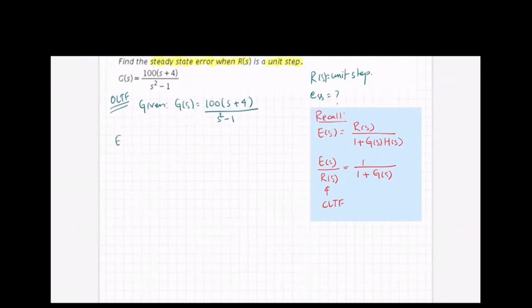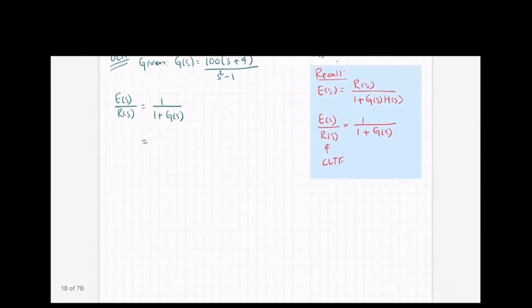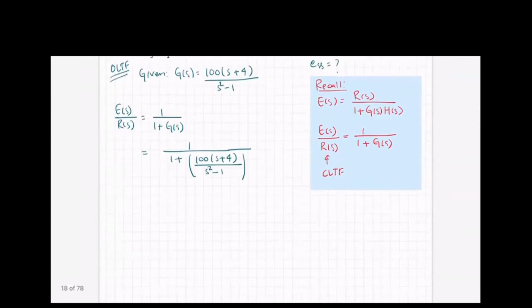So E of S over R of S equals 1 over 1 plus G of S, which is equal to 1 over 1 plus 100 times S plus 4 over S squared minus 1. This is my G of S, and I'll substitute the given expression for G of S. So let's do some simple algebra.